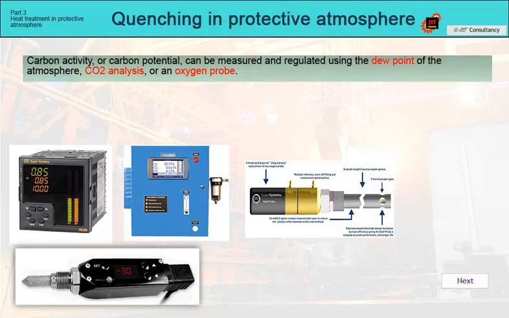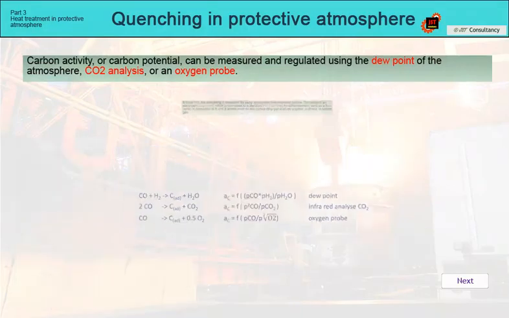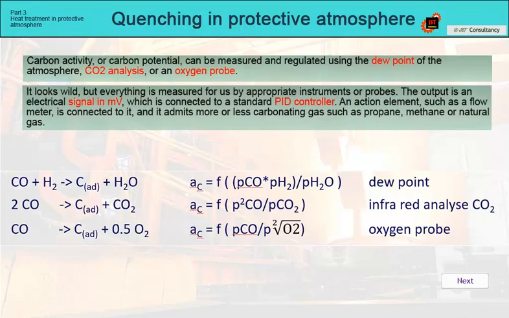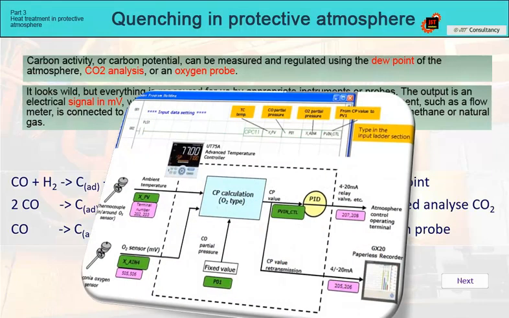For a layman, it looks wild, but everything is measured for us by appropriate devices or probes. The output is an electrical signal in millivolts, which is connected to a standard PID controller. An action element, for example a flow meter, is connected to it, and it emits more or less carbonizing gas, such as propane, methane, or natural gas.